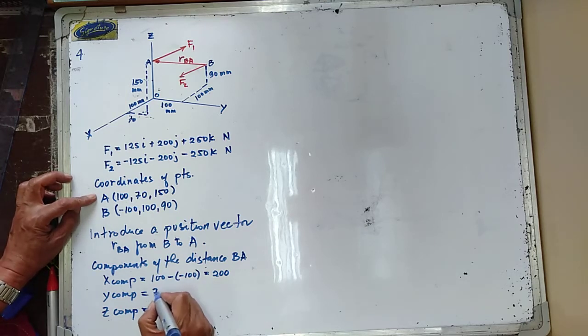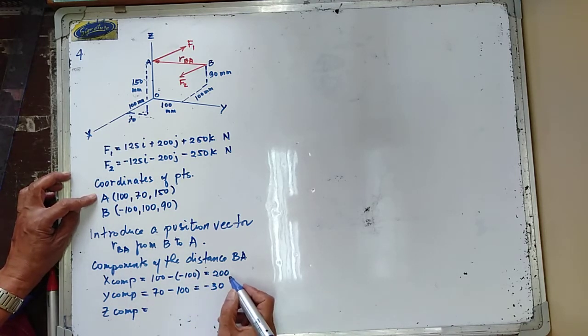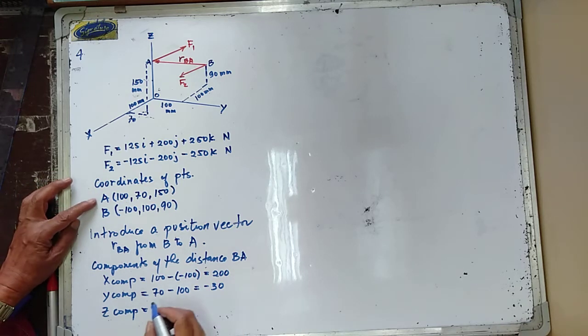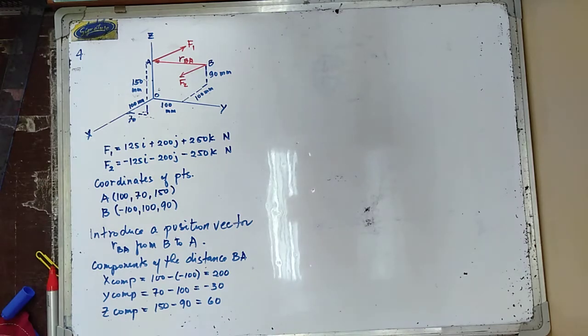We have 70 minus 100, that is equal to negative 30. And next is 150 minus 90, that is equal to 60.